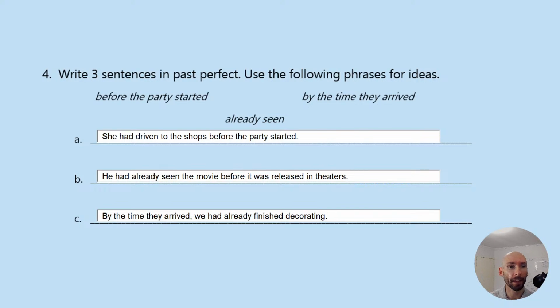By the time they arrived, we had already finished decorating. Okay, I think I'm happy with my sentences. In each, it looks like I've got the auxiliary verb had and the past participle. Had driven, had seen, and had finished.